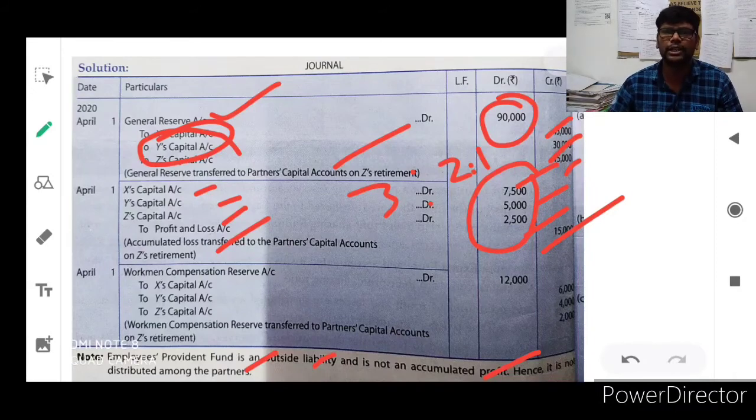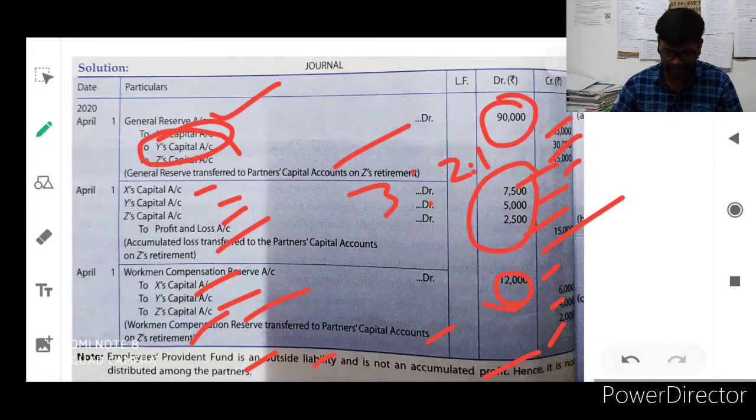So you can transfer it to the partners' capital accounts, credit side, as per their existing ratio 3:2:1. What is the amount? 12,000 rupees will be transferred as per 3:2:1. So 6,000, 4,000, 2,000 rupees. Workmen's compensation reserve transferred to partners' capital accounts on Ej's retirement.